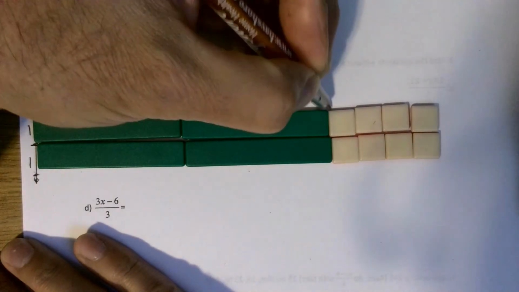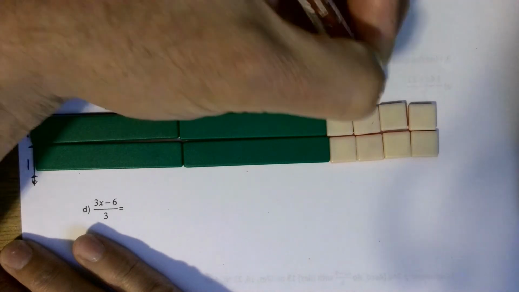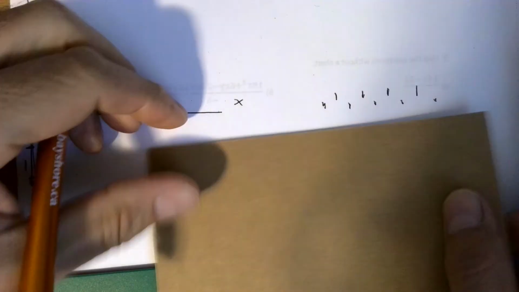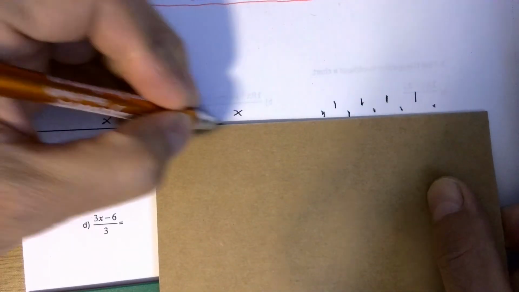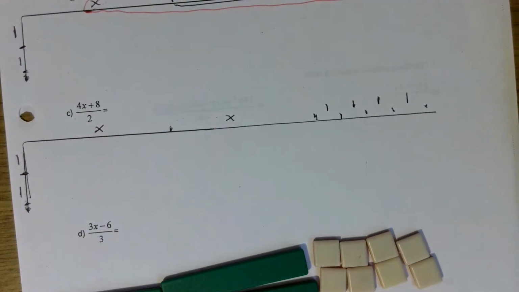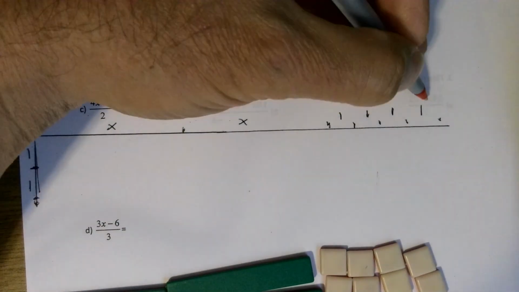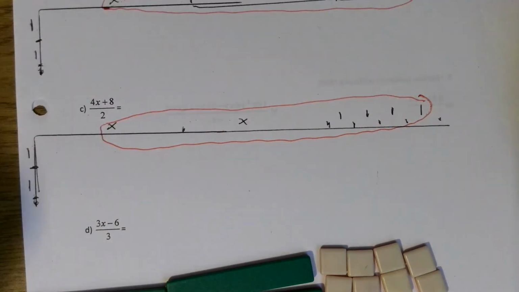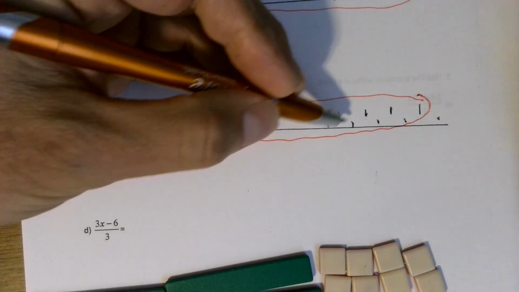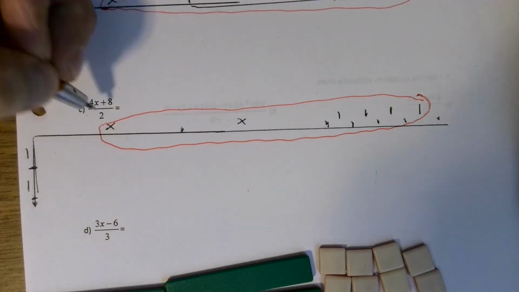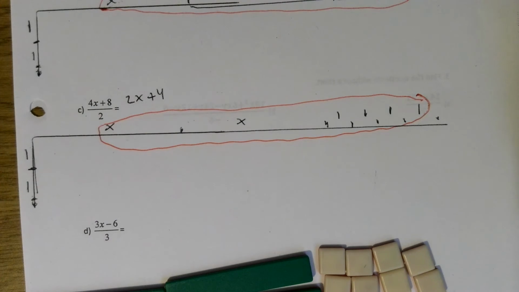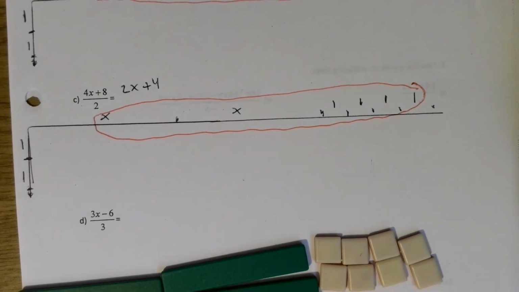That's x. That's x. There's 1, 1, 1, and 1. Okay, pull that out of the way. Finish drawing in my top edge there. There we go. And my answer is going to be the side I labeled up here. So I've got 2x and 4, so 4x plus 8 divided by 2 is going to be 2x plus 4. And again, you guys should pause the video and draw in where those tiles used to be.